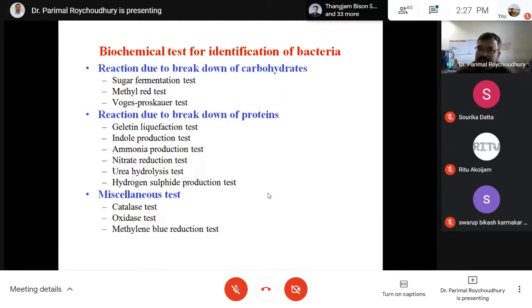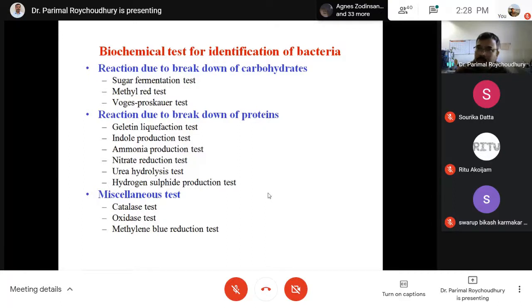So what we feel is that it's difficult to understand each and every biochemical test and their principle, but to some extent, we will discuss some of the most commonly used biochemical tests for species level identification of the organism of our interest.